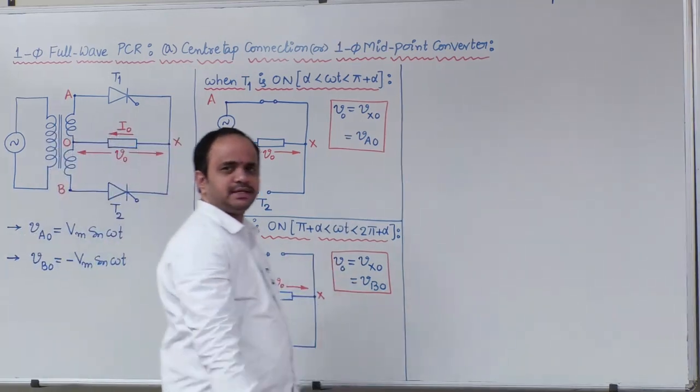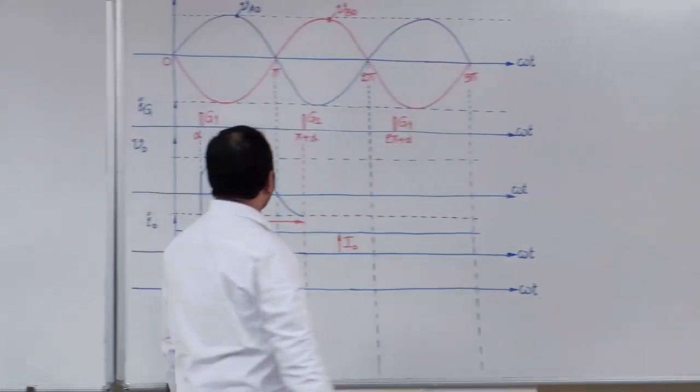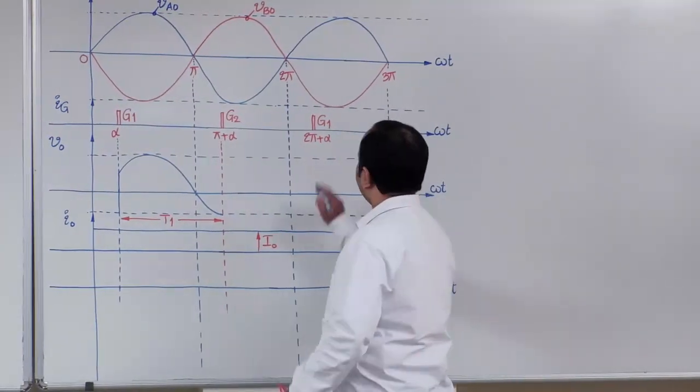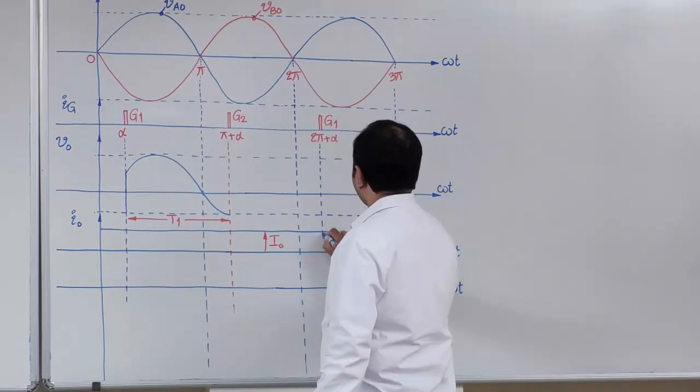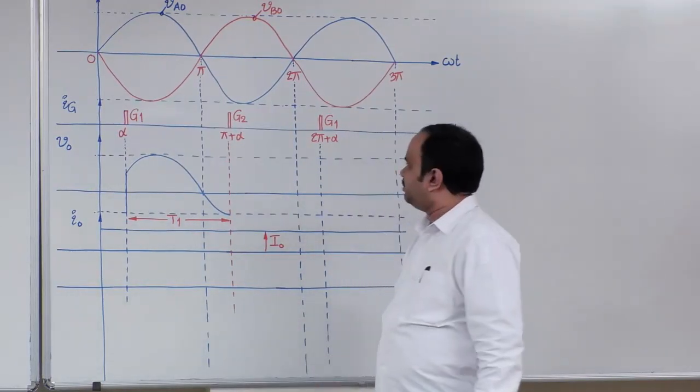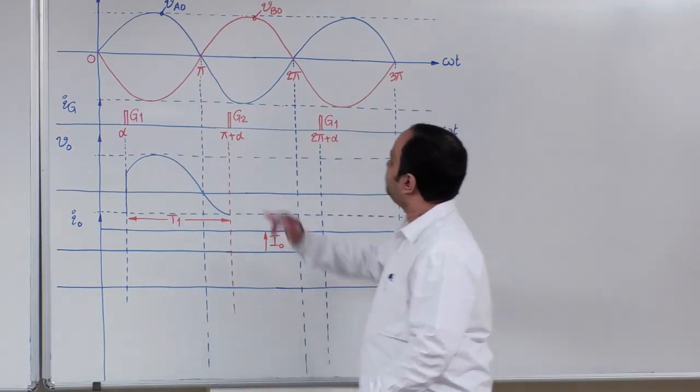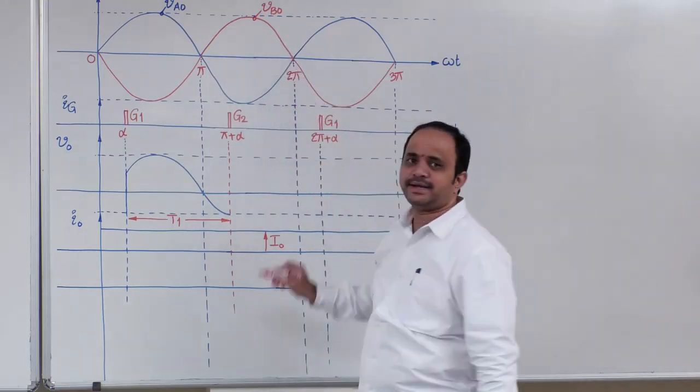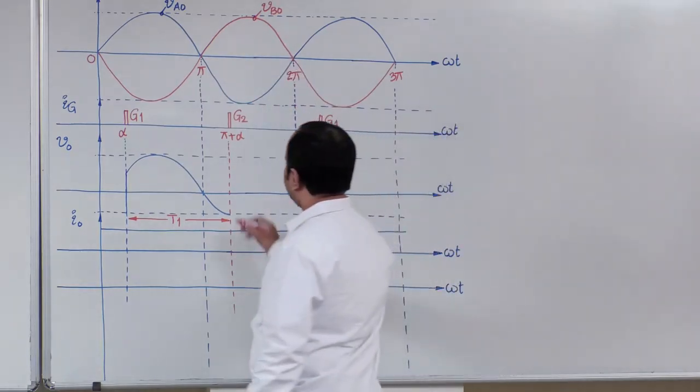So let us put that in the waveform. From pi plus alpha to 2 pi plus alpha, output voltage will be the same as that of VBO, where VBO is the red color sinusoidal waveform.